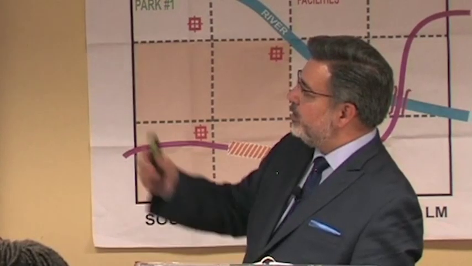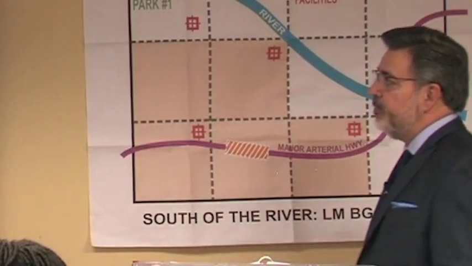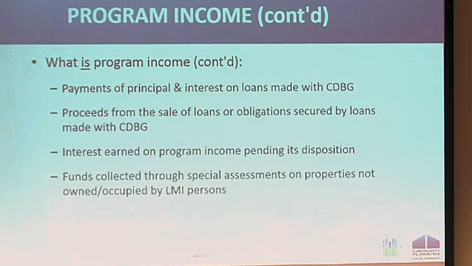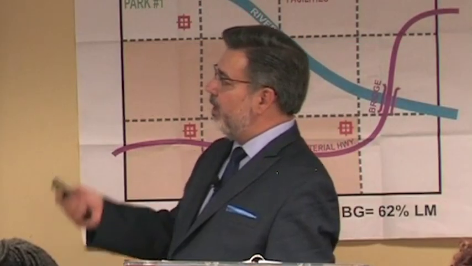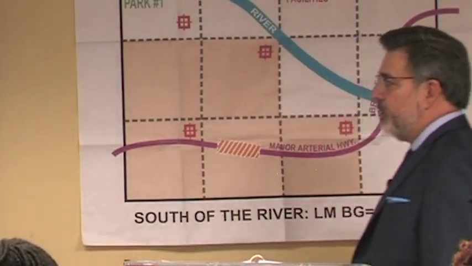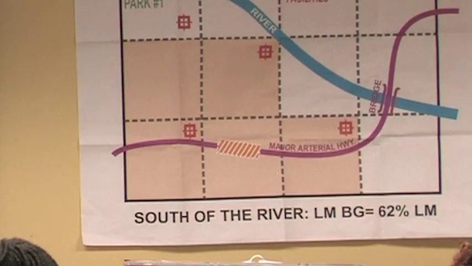So payments on interest and loans made with CDBG. So these are rehab loans, right, that are being made. Proceeds from sale of loans or obligations secured by loans. So this may be a home buyer type program. Interest earned on program income pending its disposition.